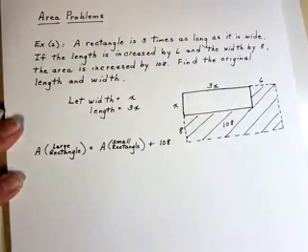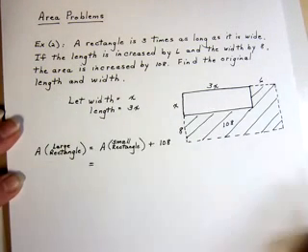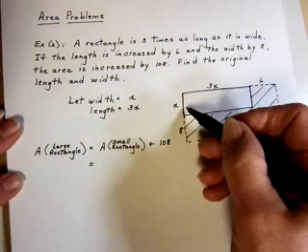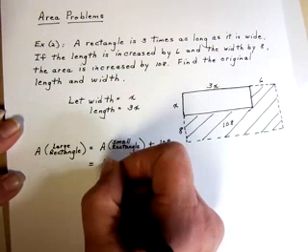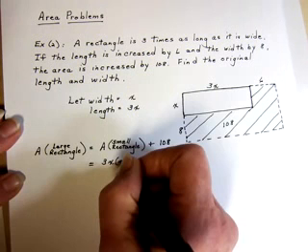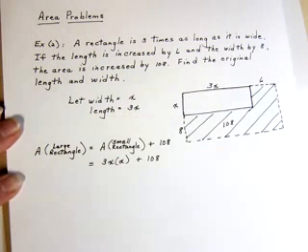Well, using the area of a rectangle formula, length times width, starting with the area of the small rectangle, the length and the width are 3x and x. So 3x times x plus 108. All right.